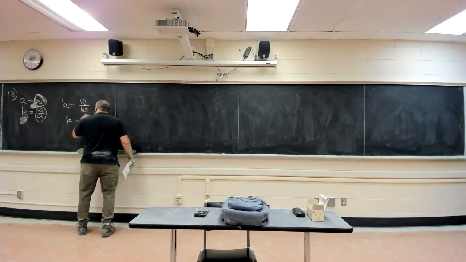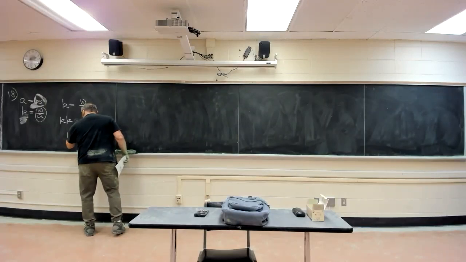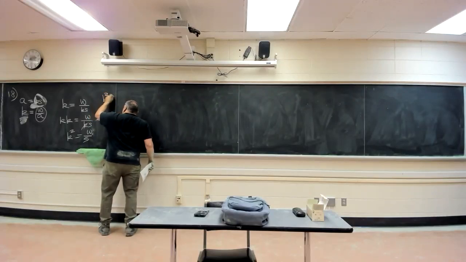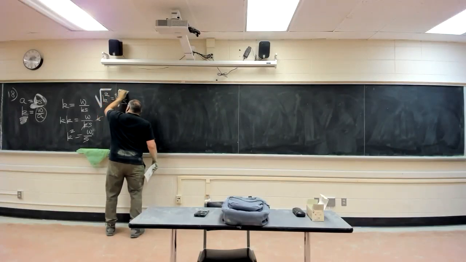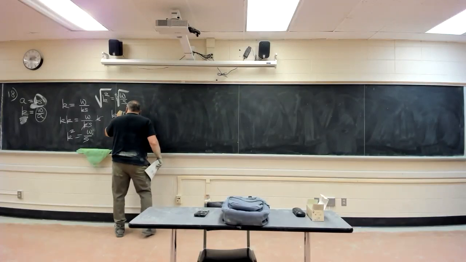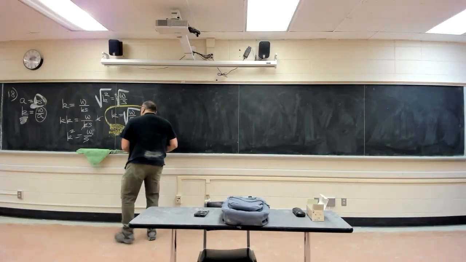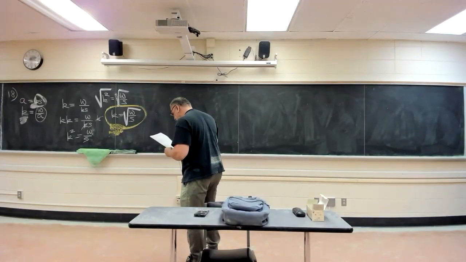Then multiply by K on each side. And there's your answer. Sorry about that, guys. Corrected pretty quickly, but you are eliminating A and solving for K.